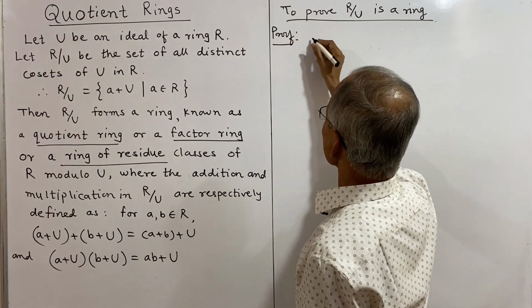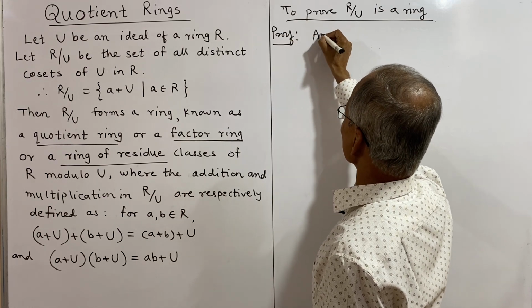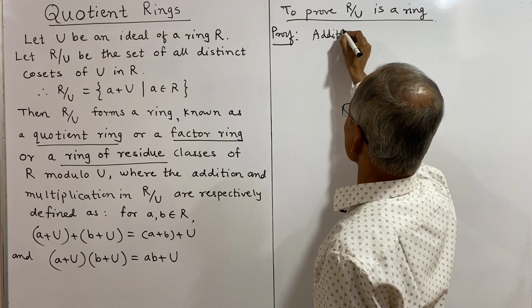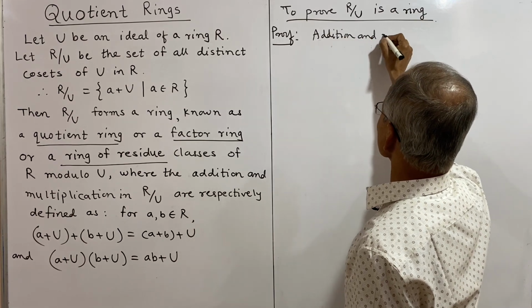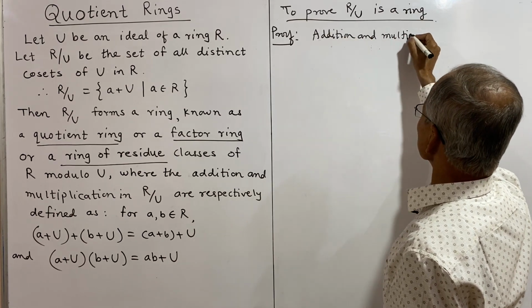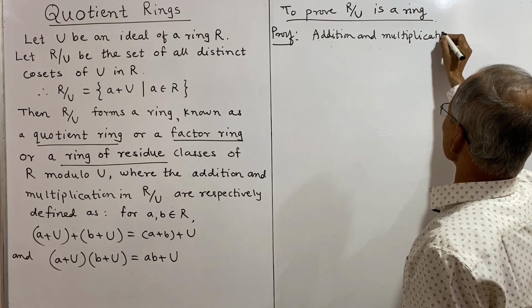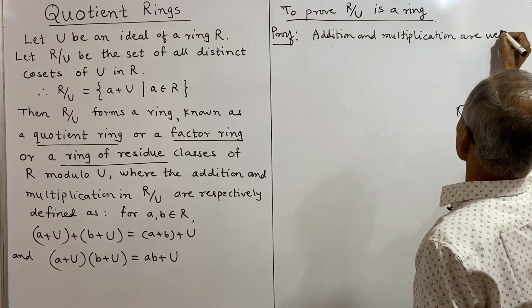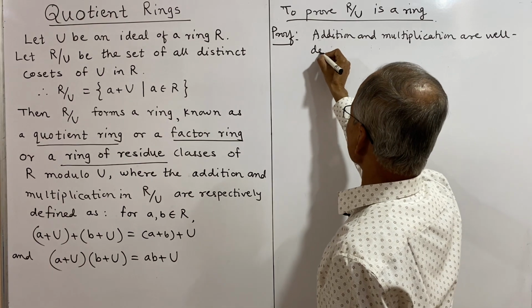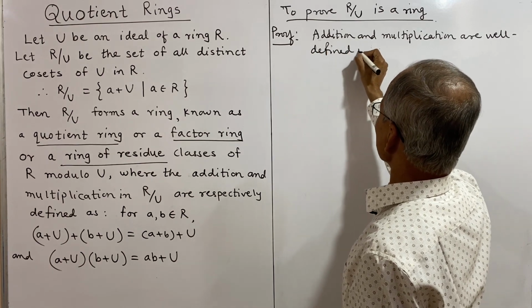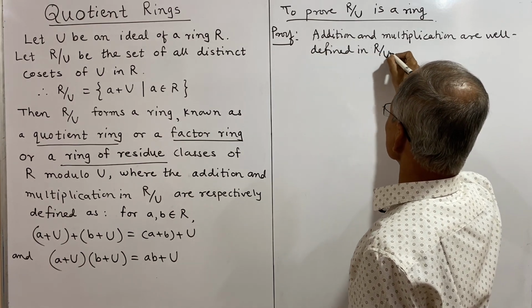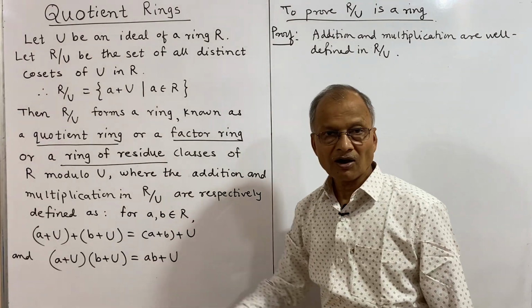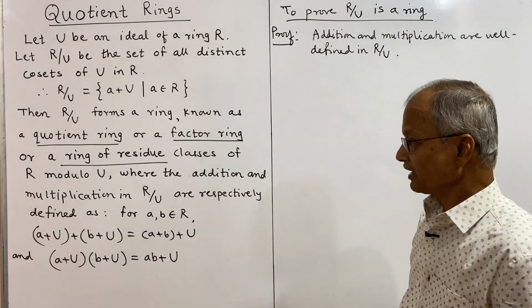First thing is, addition and multiplication are well defined in R/U. These are defined here actually, but what is the meaning of well defined?